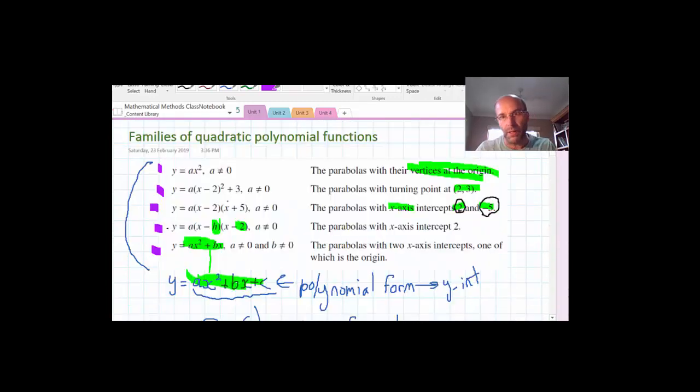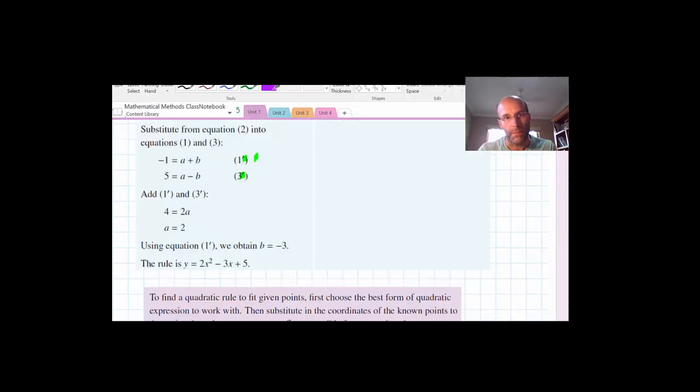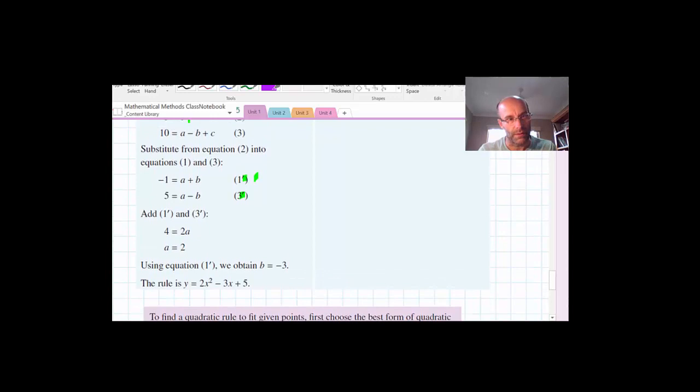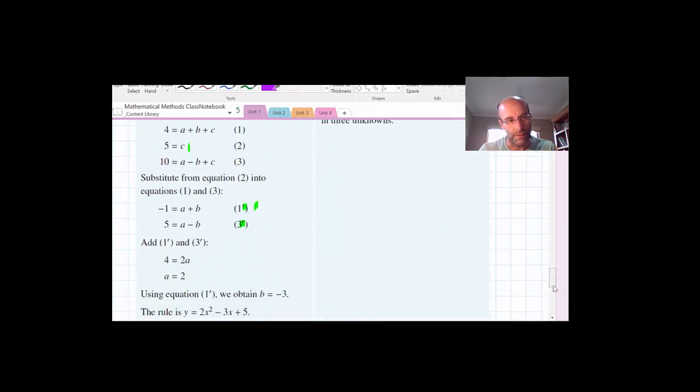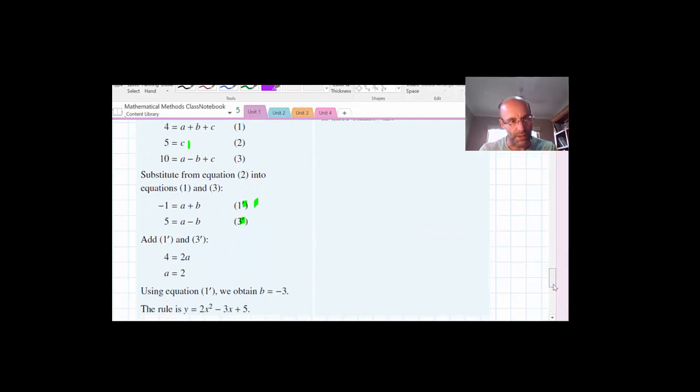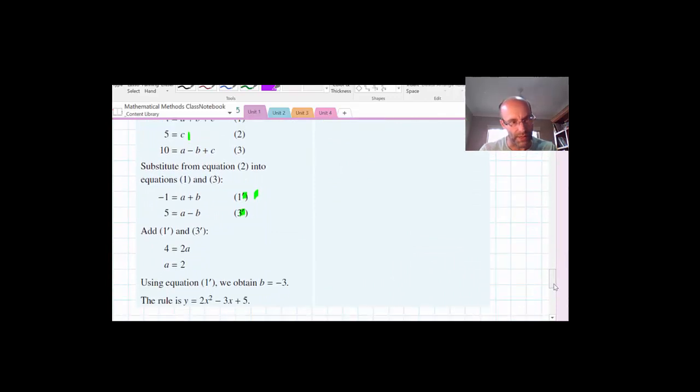Then we've got 2 equations. Now they've called them 1' and 3'. They're basically updated versions, derived from equation 1 and 3. So that's why they've given them that name. And we can solve them simultaneously. It's quite easy by adding them together. And then you can use equation 1.